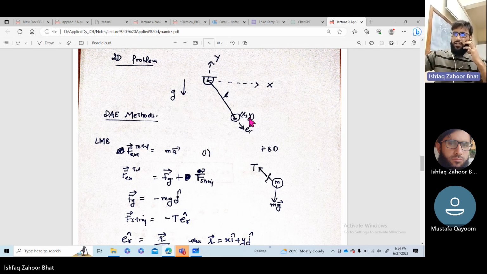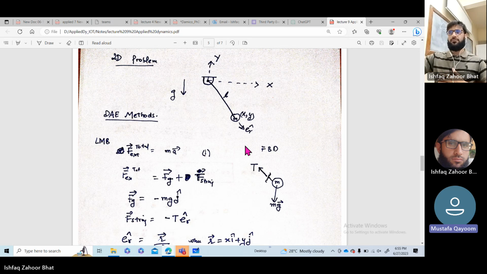So x, y is the coordinate of this mass at any time, and e_r hat is the unit vector in this direction. Is it clear?